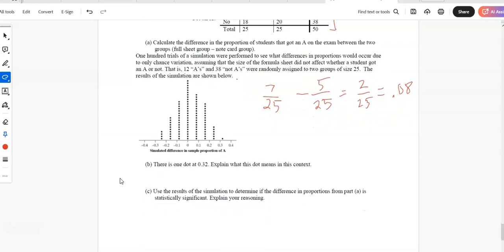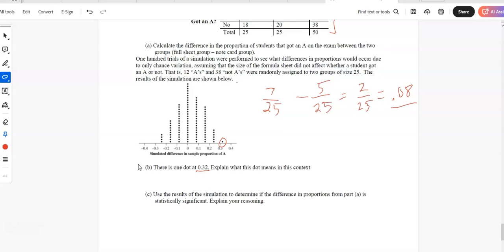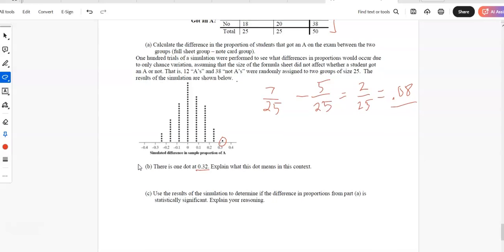But how unusual is this? Well, oh, by the way, there's one dot at 0.32. This is just a random dot at 0.32. There it is. That means that in that random assignment, there was a difference in the proportion between the full sheet group and the note card group of 0.32.